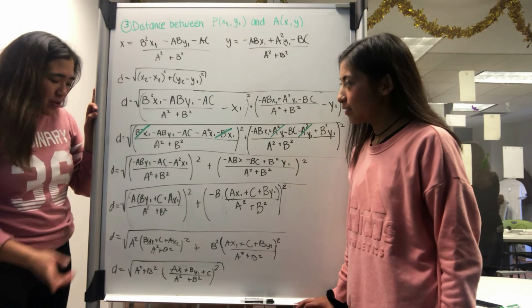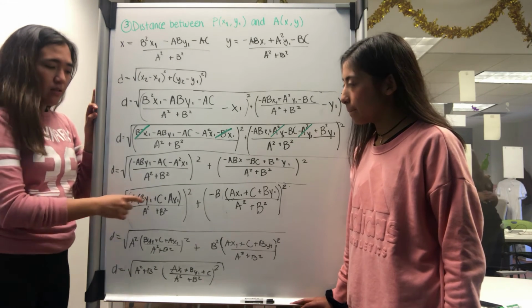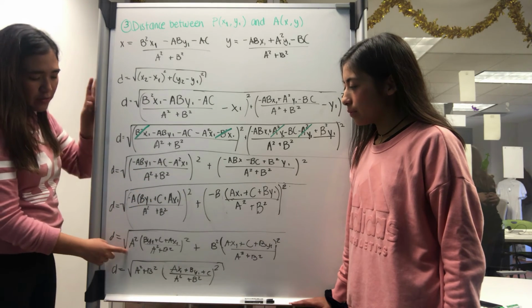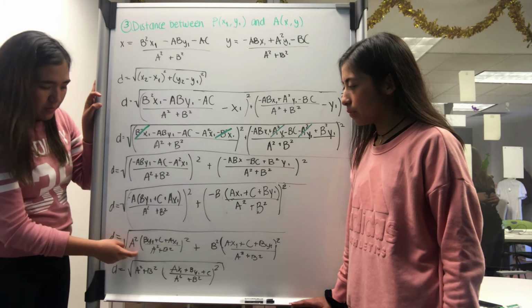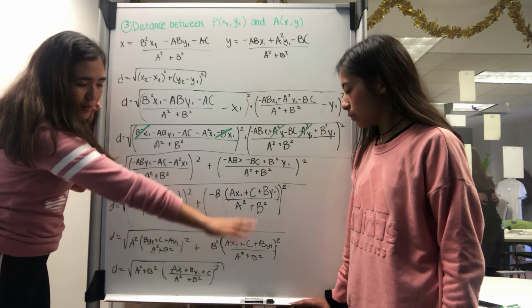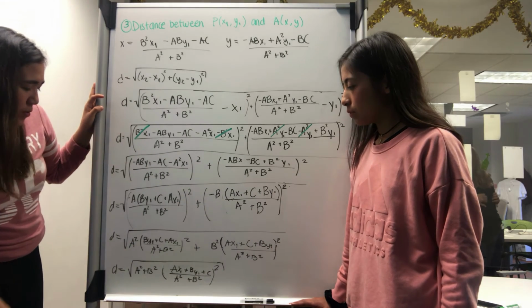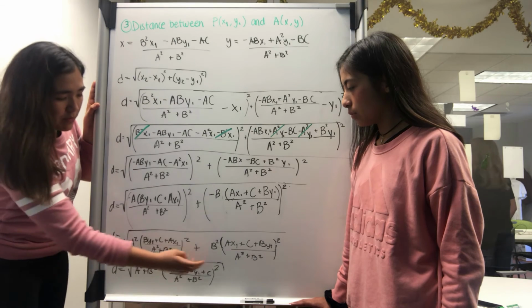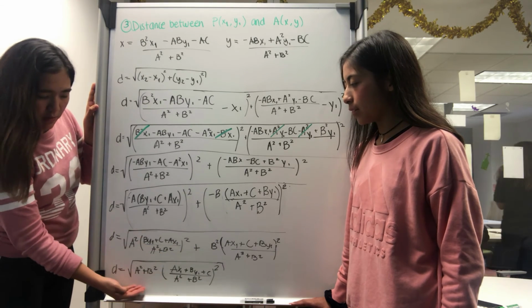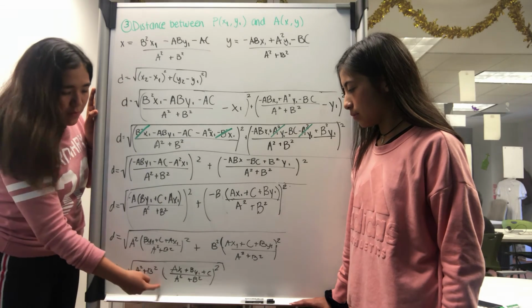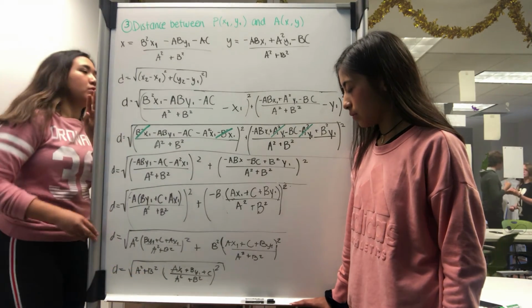Well, now since we know that minus a squared is a squared, we can now factor a squared times the equation plus b squared times the rest of the equation again. So we can make a squared plus b squared a common factor, and we put it times the rest of the equation.